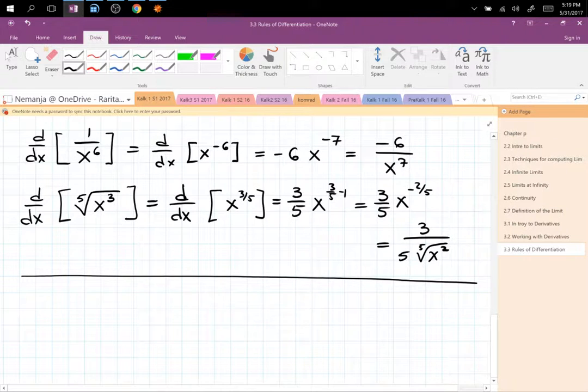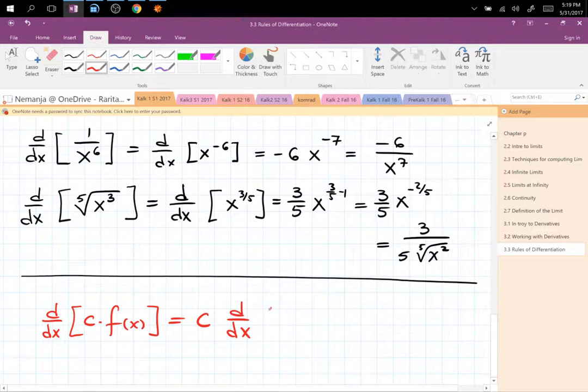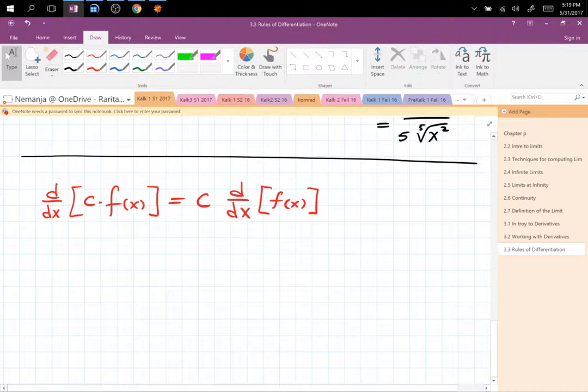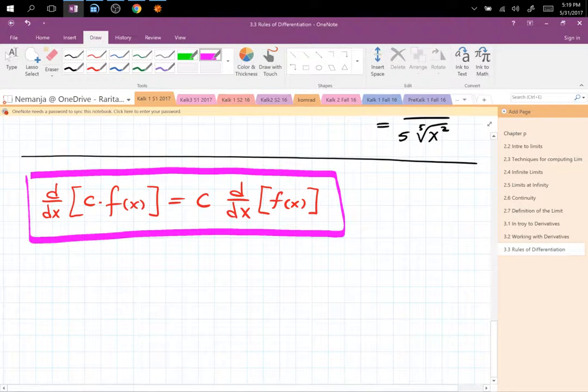The next rule is the rule that if you are taking the derivative of a constant times some kind of a function, the constant can be kicked out in front of the derivative. Now, immediately to give you an example of this, let's say you are taking the derivative of 3x to the 5.